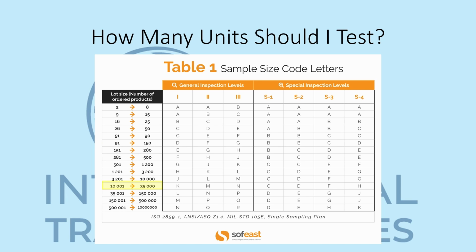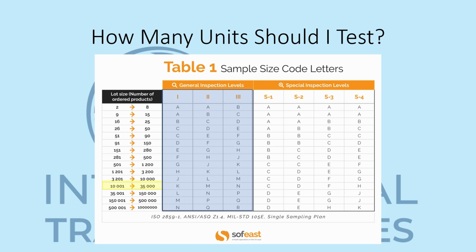After that, you're going to want to decide on what inspection level is used. The general inspection levels are for simpler products or products that don't have as many safety regulations. General inspection level 1 tests fewer samples, while general inspection level 3 tests more samples.